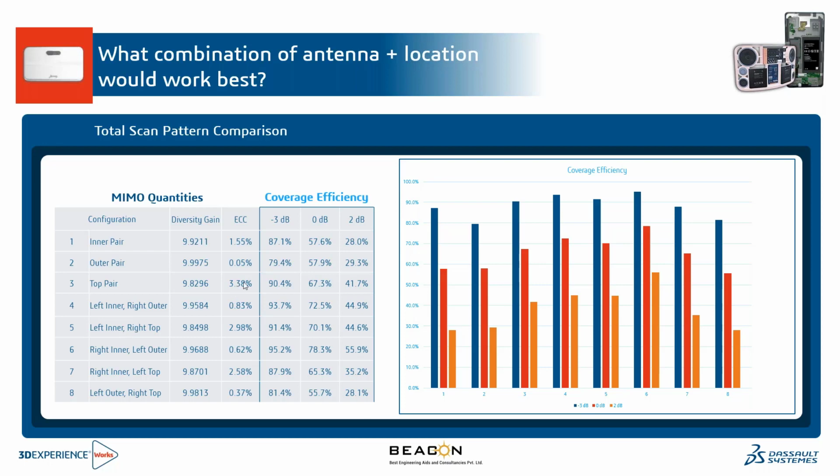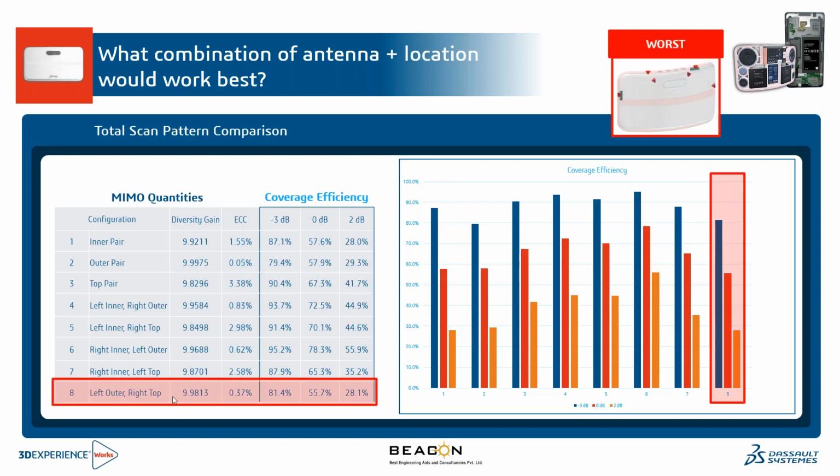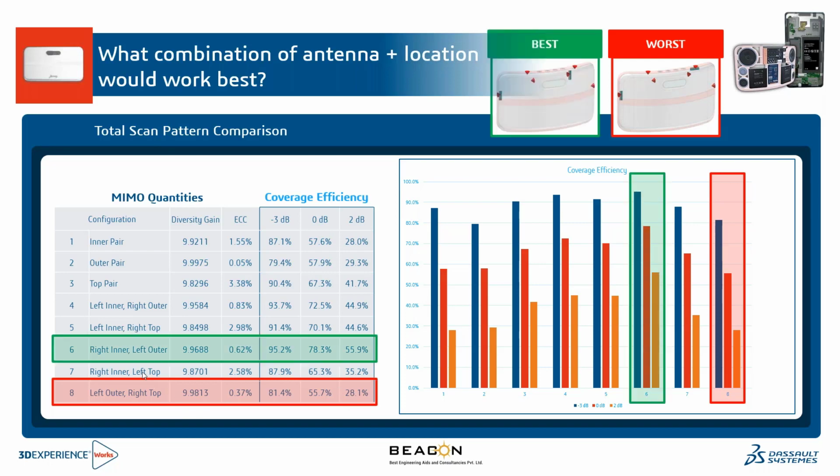If we see here, the 8th one is the worst case, whereas the 6th one, which is the antenna on the right inner and left outer, has got around 55.9%. So if we compare the 6 and 8 results, it is around 25% difference.